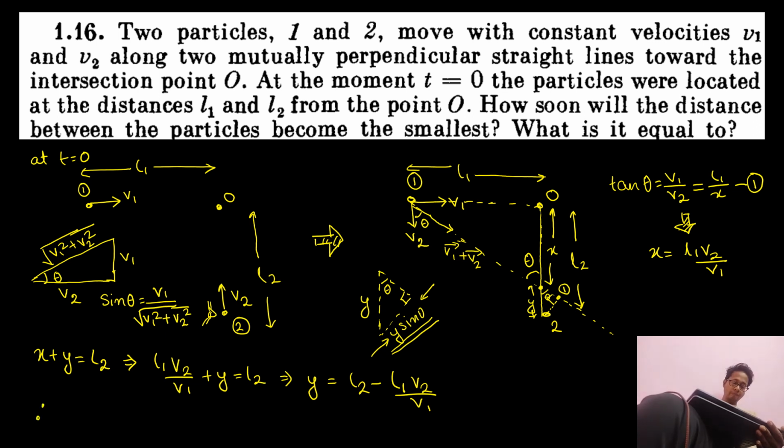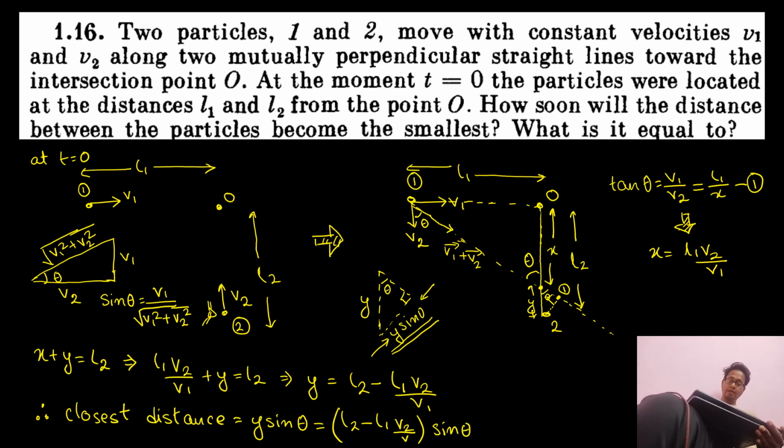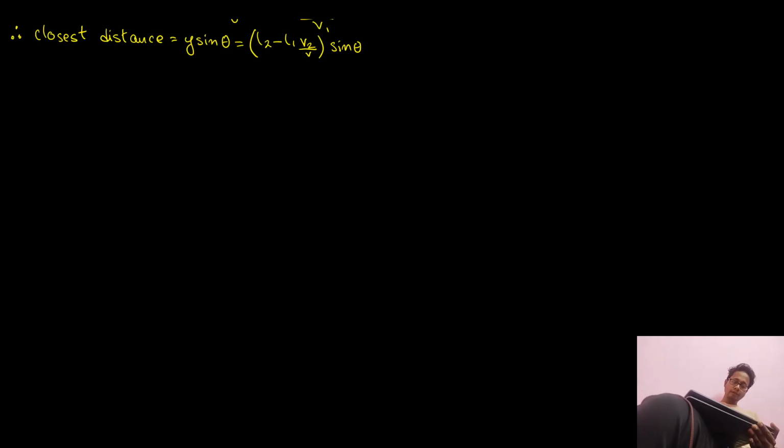Therefore, the closest distance is equal to y sine theta, which should be equal to L2 minus L1 into V2 by V1, into sine theta. I'm simplifying this equation on the next page, where sine theta is equal to V1 by the square root of V1 square plus V2 square.